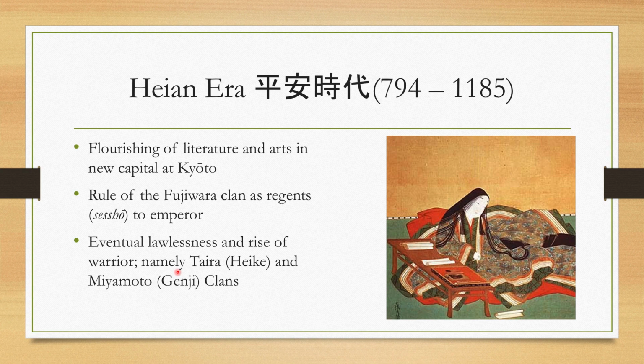After the Nara period is the Heian era, a roughly 200-year period of relative peace and political stability. The capital is moved to Heian-kyo, which is now known as Kyoto, where there's a flourishing of literature and arts.